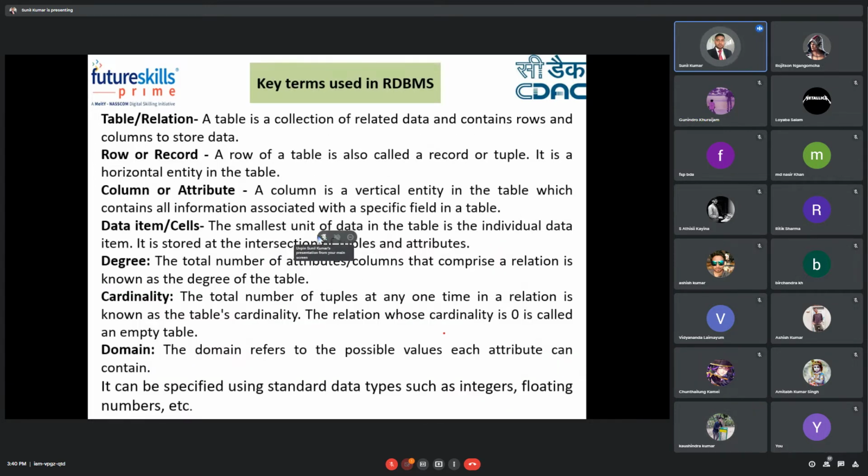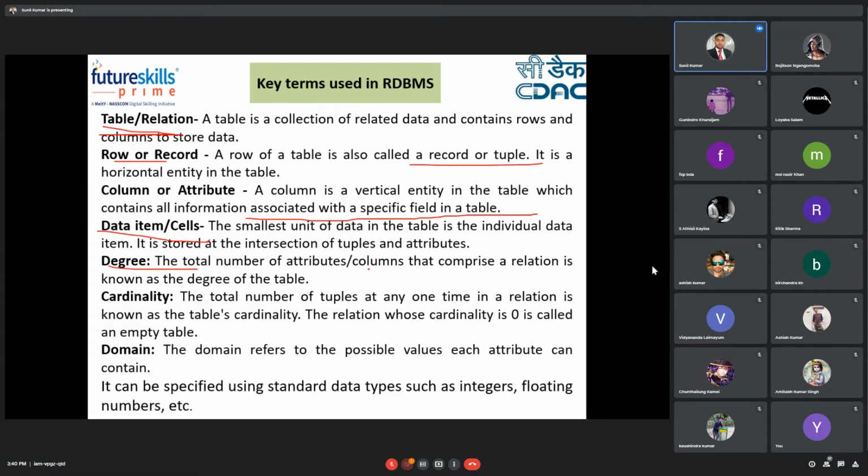These terms have been used in this table, already explained. Table or relation: a table is also known as a relation. Row or record: tuples or a record is also known as a row. Columns or attributes: a column is a vertical entity in a table that contains a specific field. Data item: data values stored in the cells.